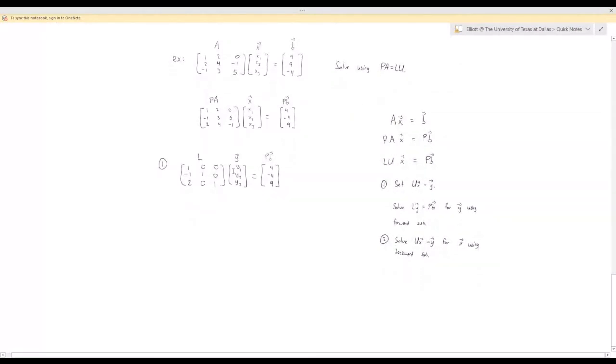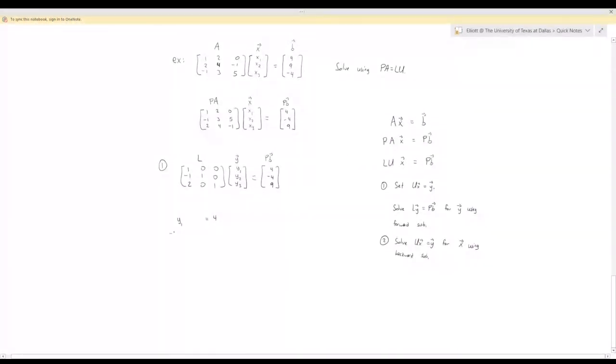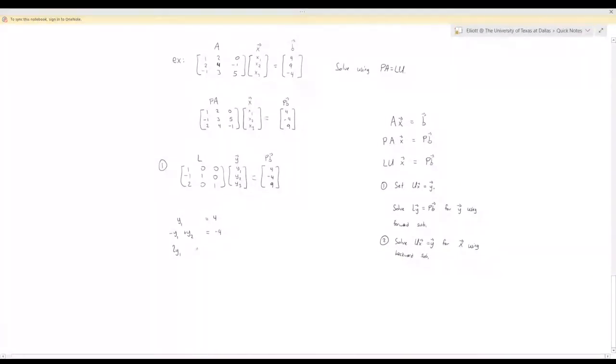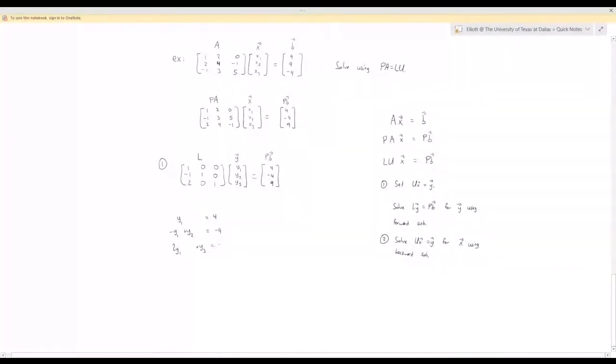Because L is lower triangular, if you write out the corresponding equations, you'll be able to solve for Y with substitution. So we know Y1 is 4.